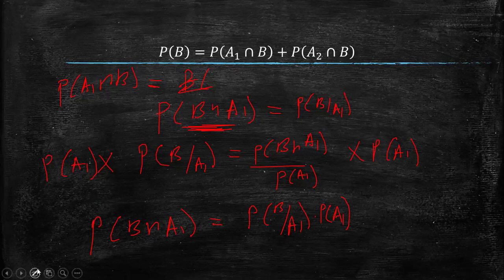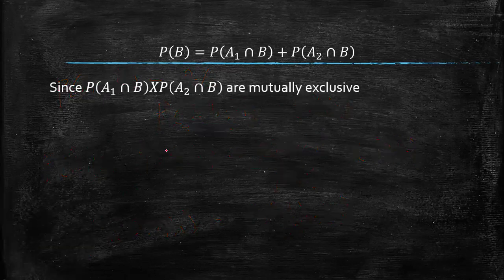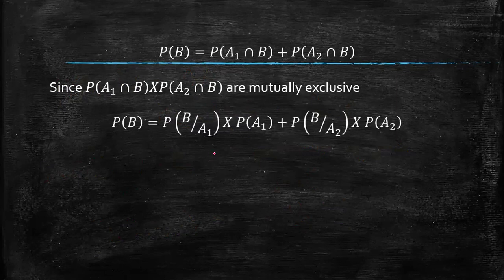Allow me to rub this. Since A1 intersection B and A2 intersection B are mutually exclusive, then we shall have, like what I was explaining, probability of B. So A1 intersection B changes to the probability of B given A1 times the probability of A1.